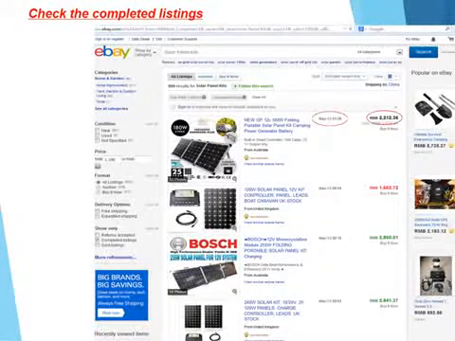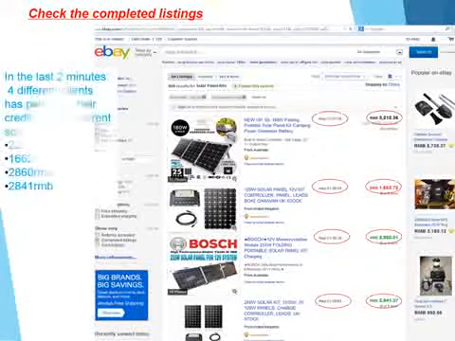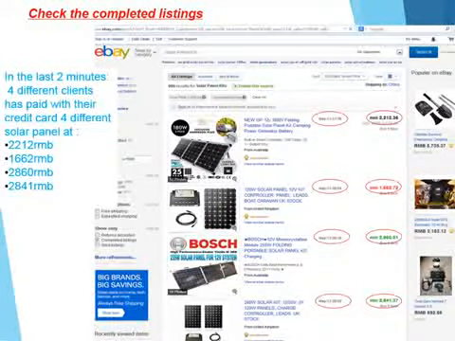So like this, you can see that every 2 minutes there is a solar panel sold, and the price is around 1,600 RMB to 2,800 RMB. It will depend on the quality and on what kind of product you're selling.